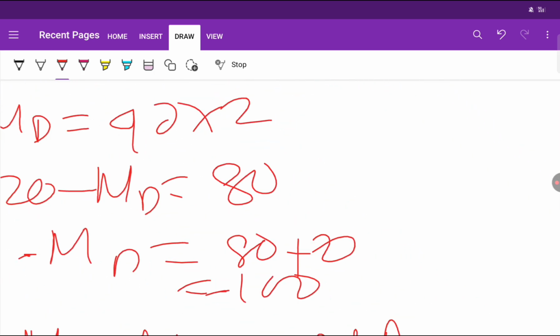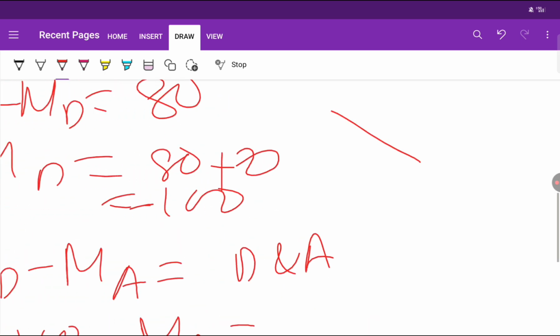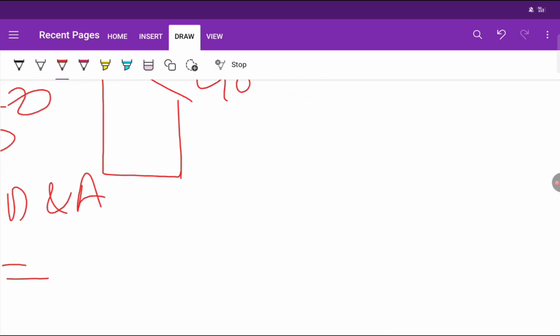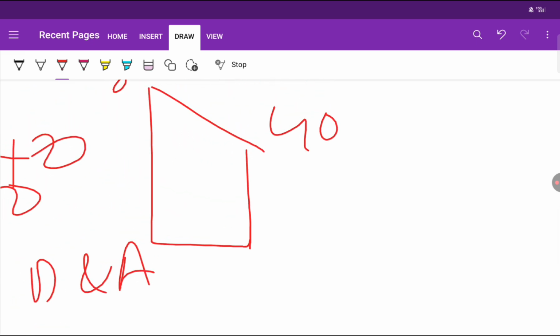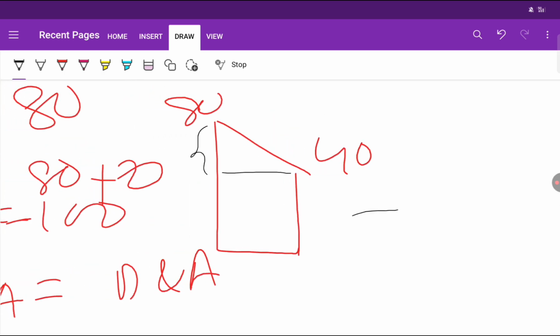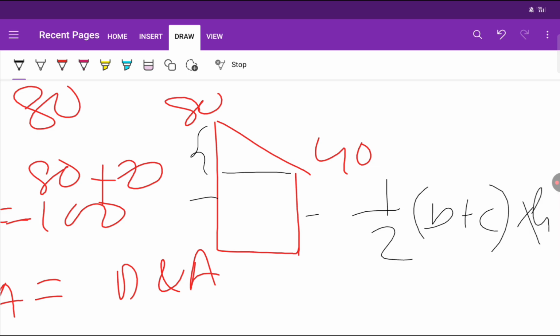How will you calculate the area of a trapezium? You can calculate it by two approaches. You can calculate this rectangle first, then sum this triangle area, or you can calculate half into B plus C into H, since these sides are parallel. There is a formula, right?